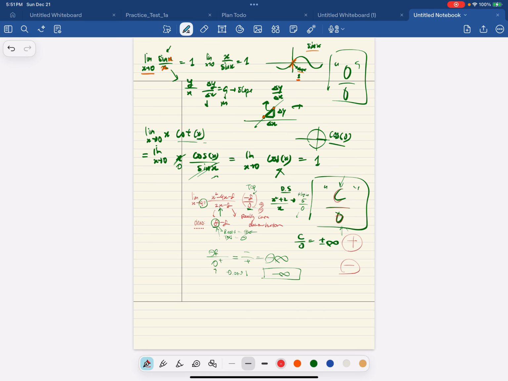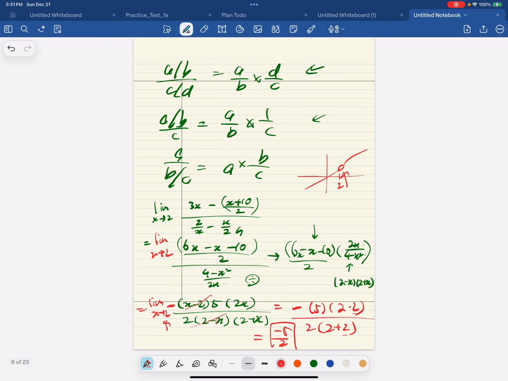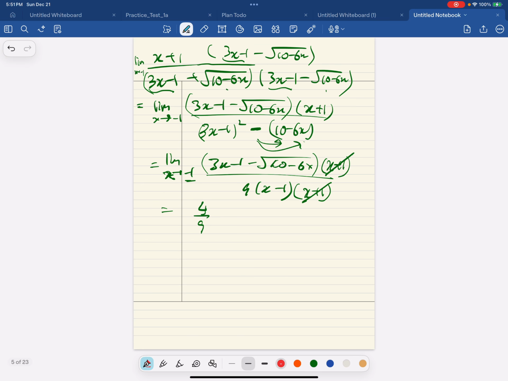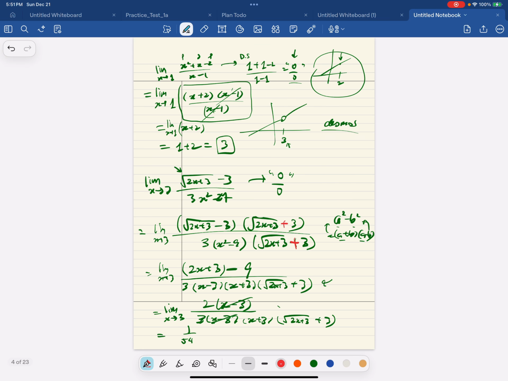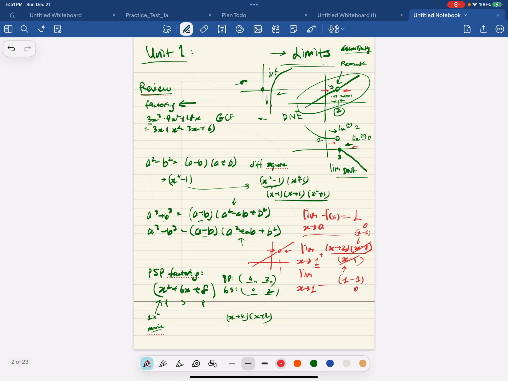Slopes, sine x over x, fractions, limits of fractions, complex fractions, radicals, like I said, and factoring. So factoring is definitely key to the first, especially the first, but all of the calculus chapters in the first Cal 1 course.